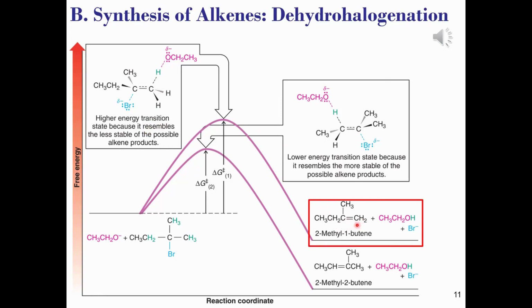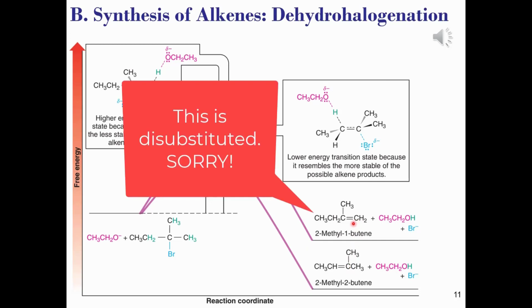So this would produce 2-methyl-1-butene, whereas if a proton is abstracted from the ethyl group, i.e. one of those beta hydrogens, then this resembles a lower energy transition state, because when it forms, the product is going to be more stable overall. And this is because we have here a tetra-substituted product, whereas in the previous example we end up with a mono-substituted product.